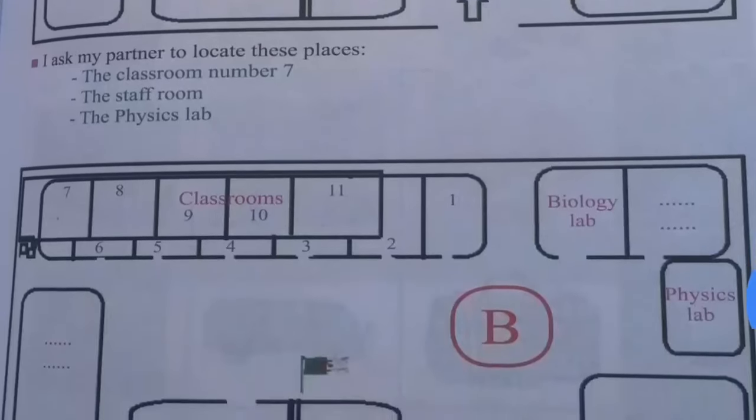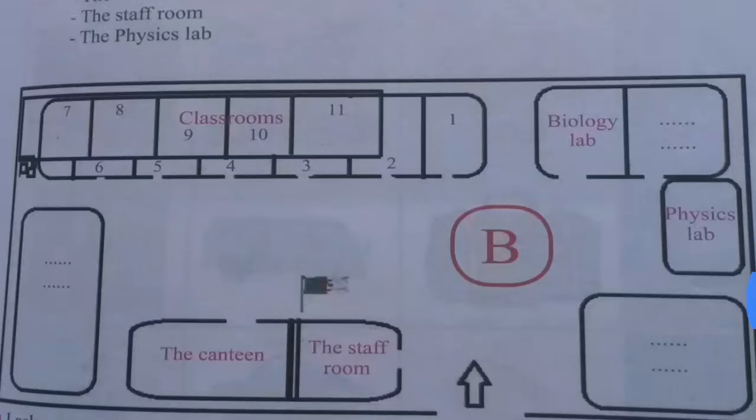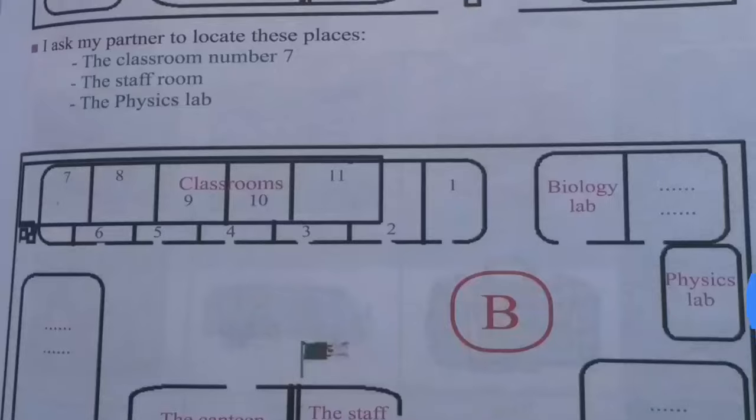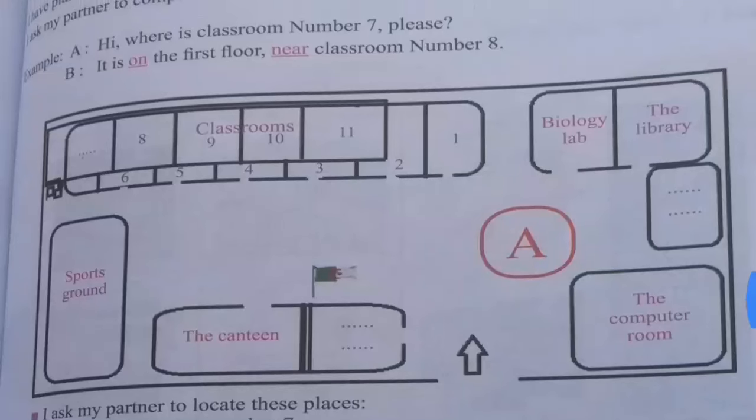لاحظوا أحبائي، مختبر الفيزياء حسب المخطط B والمخطط A، إذن لدينا مختبر الفيزياء يوجد ما بين المكتبة وقاعة الإعلام الآلي أو قاعة الكمبيوتر. لذلك نطرح السؤال: A asks, يسأل A: Hi, where is the physics lab, please?